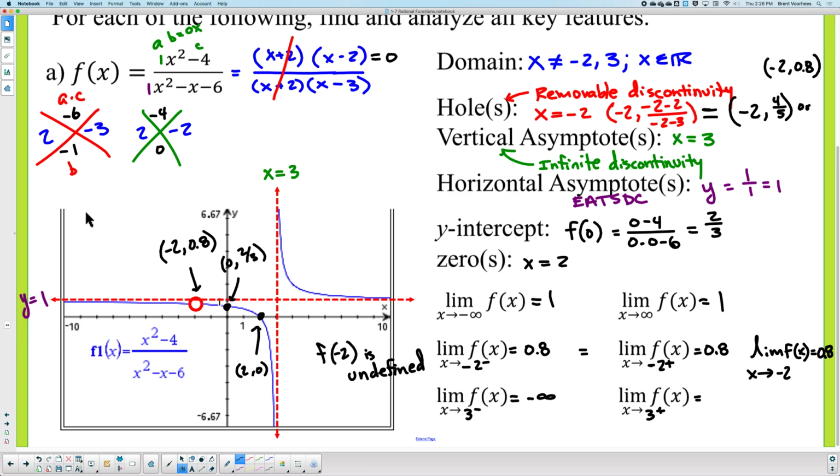Rise. Are these equal to each other or not equal? Since they're not equal, that means the limit as x goes to 3 does not exist. You would say for D and E: does not exist, since these two limits are not the same.